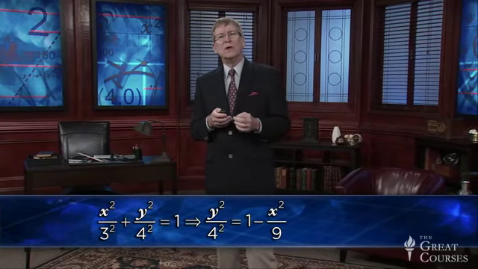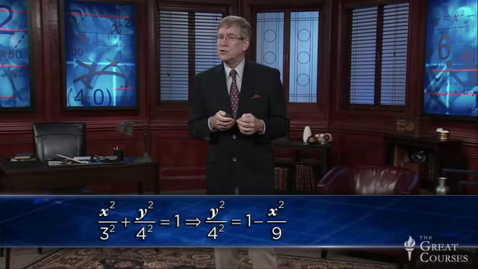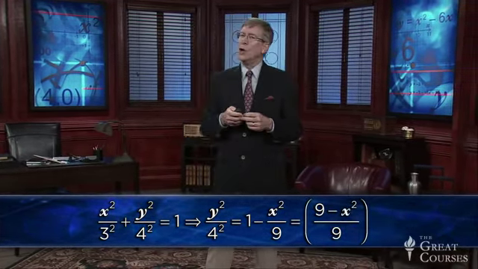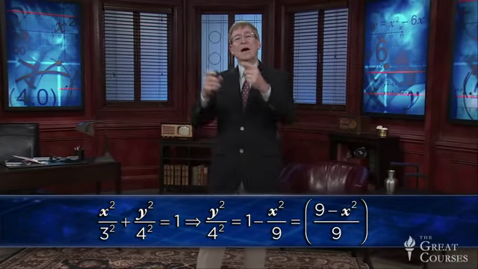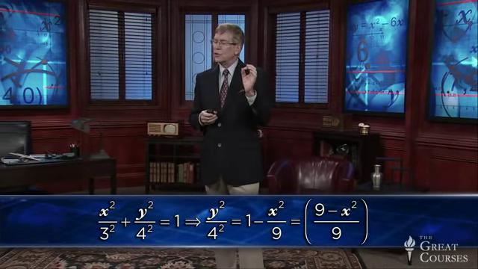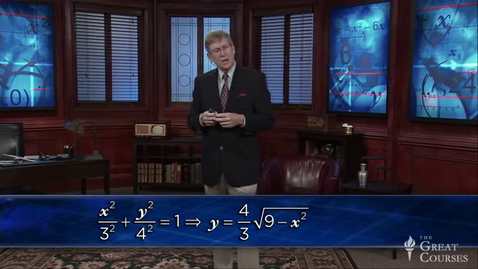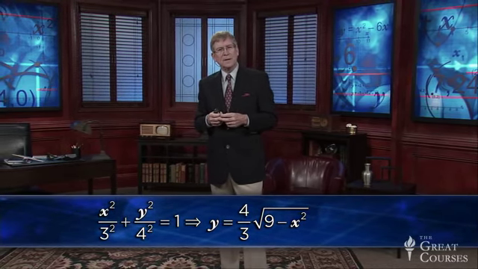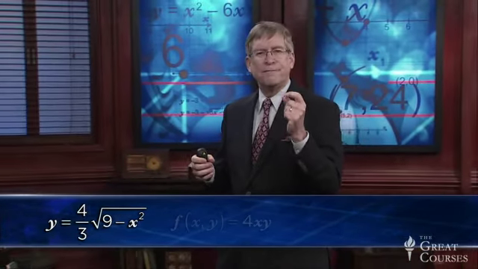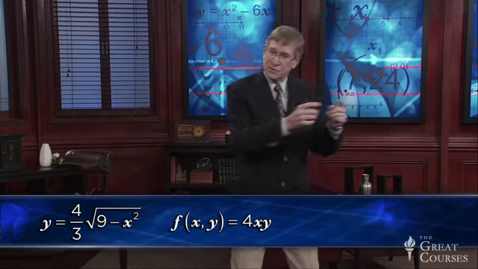That means y squared over 16 is 1 minus x squared over 9, which, if you get a common denominator, is 9 minus x squared over 9. Now take square roots and move the 4 to the other side, and you get an equation for y. Y is 4/3 square roots of 9 minus x squared. So what's the function you want to maximize? You want to maximize 4xy, but now I have a value for y in terms of x.